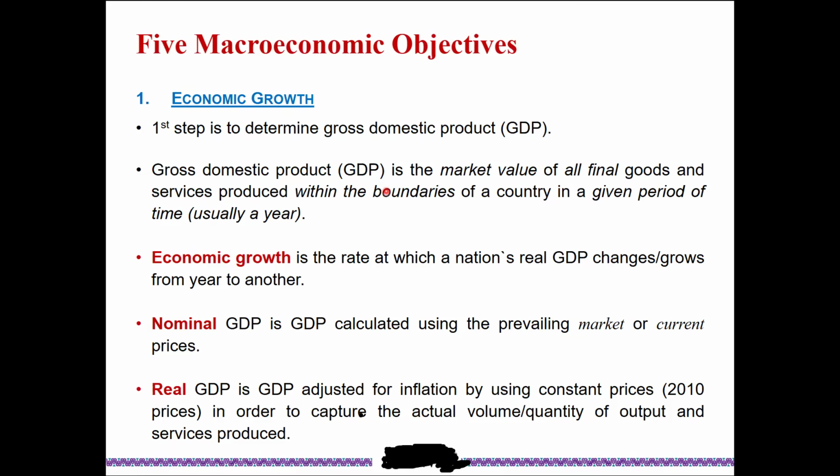So what do these public goods and services do to us? They improve our standard of living, right? And then that is how economic growth comes about. Obviously, now when our standard of living has improved, when the production in the economy is increasing, then that will lead to what? Economic growth, right?